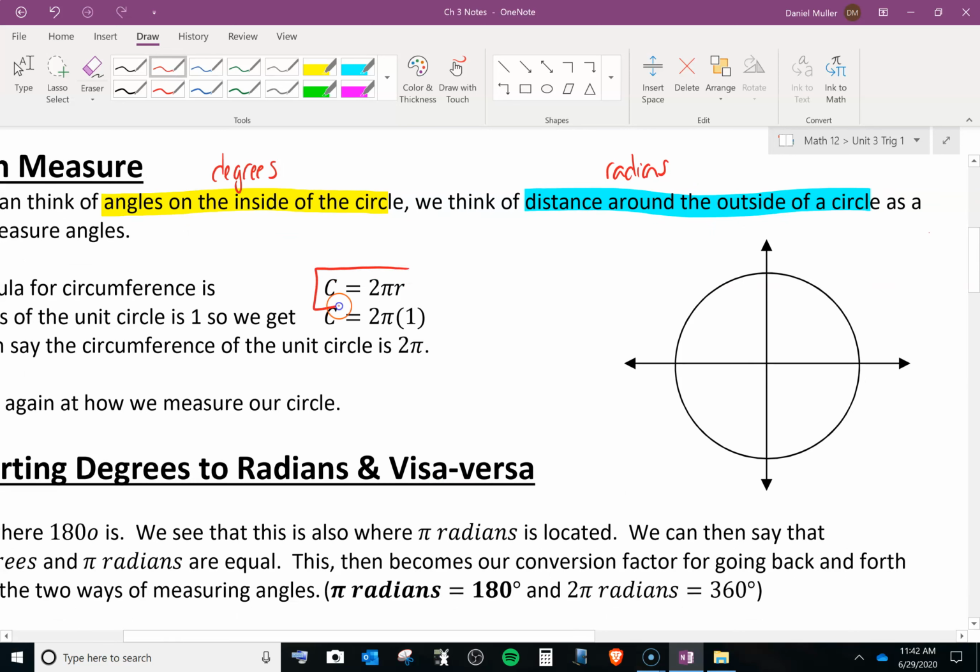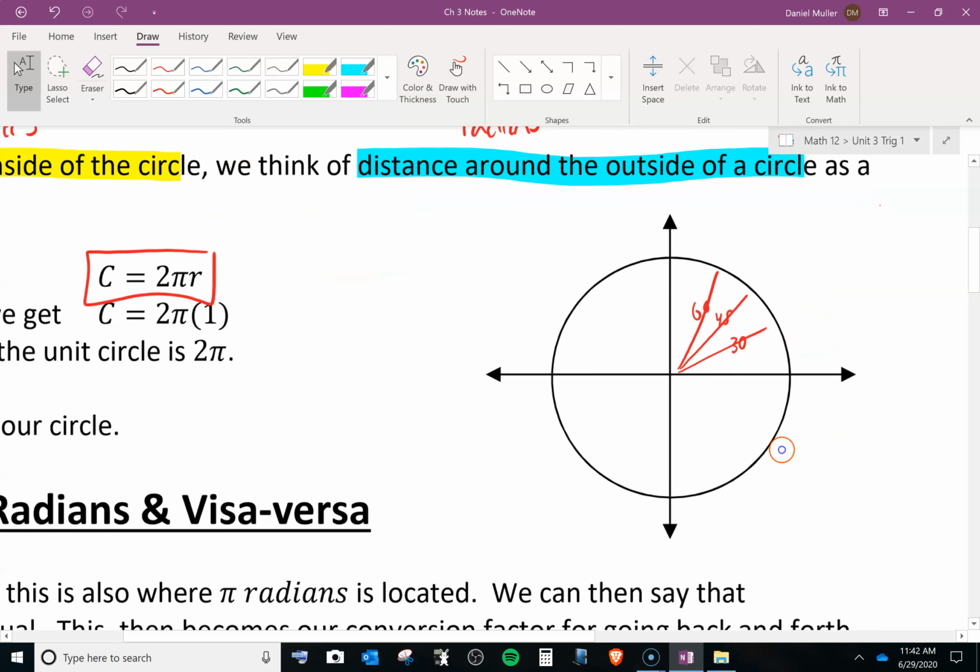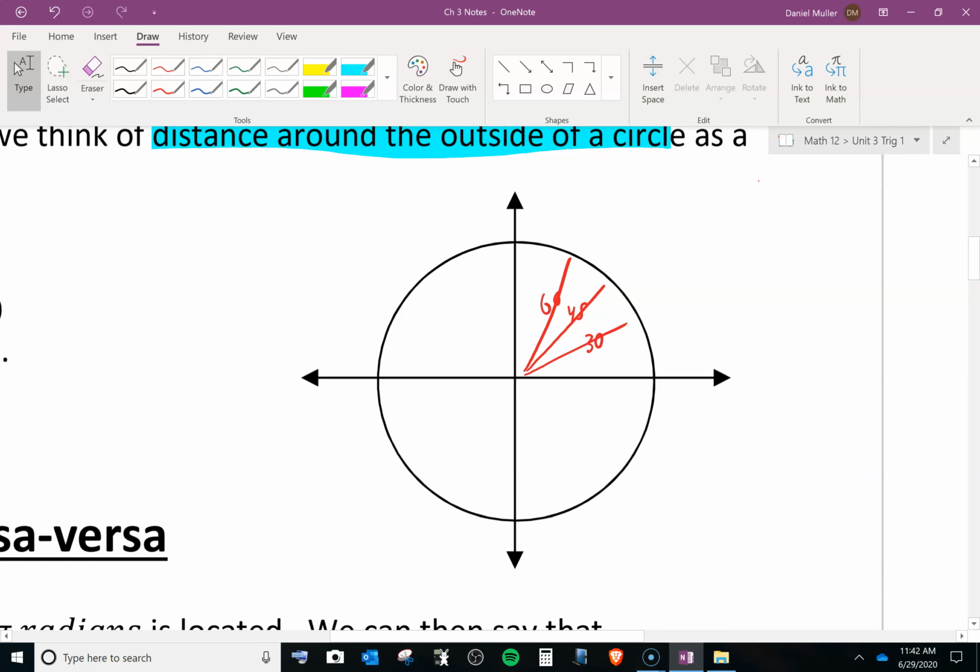And you can see here we've written circumference. Circumference is the distance all the way around, except that when we drew these, remember how we would draw these things like this, and we would say 30, 45, 60, and fill out this whole thing.